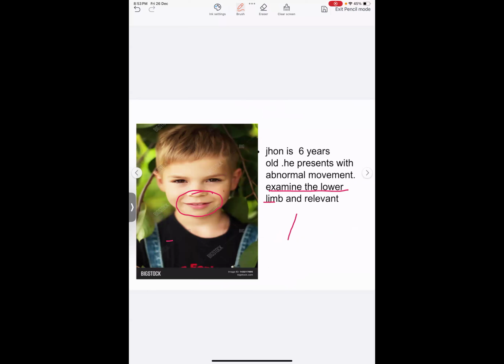In the lower limb examination, I will see if there is any change, increase or decrease in muscle bulk. I want to see if muscle bulk is reduced or not, and whether there is symmetrical or asymmetrical wasting of the muscles in the lower limb.